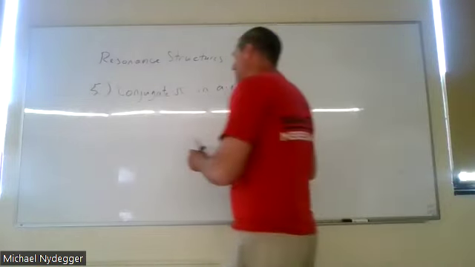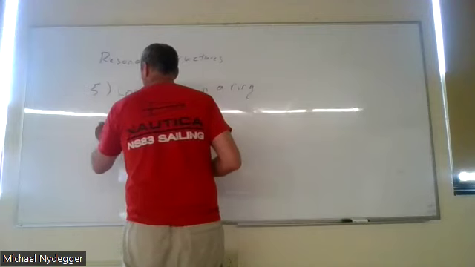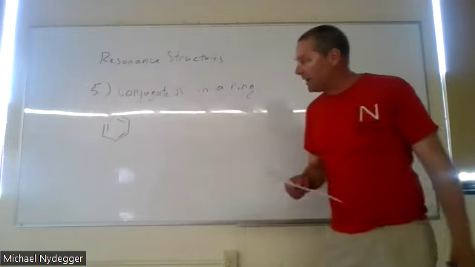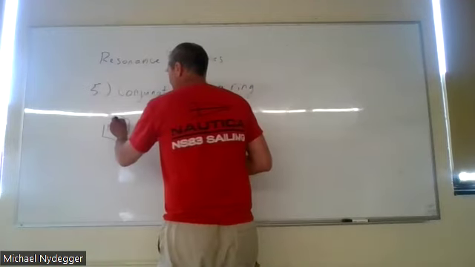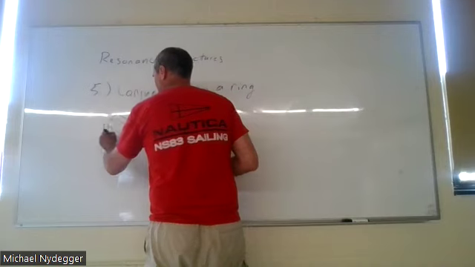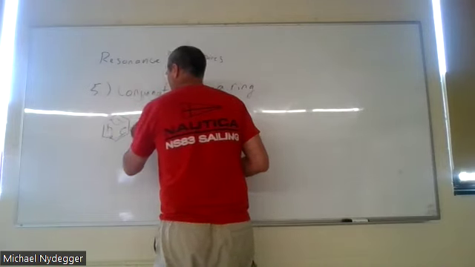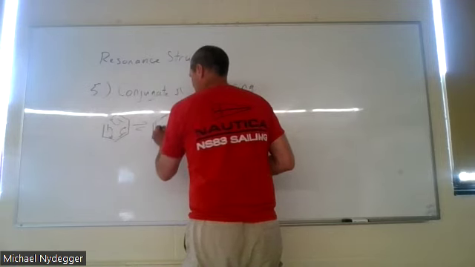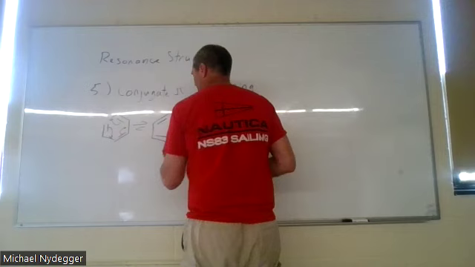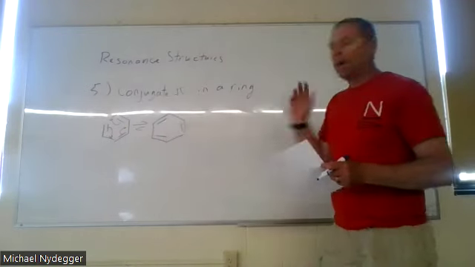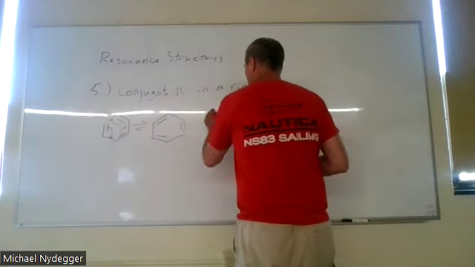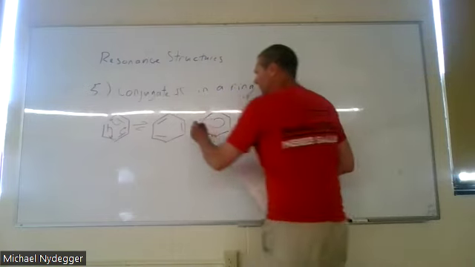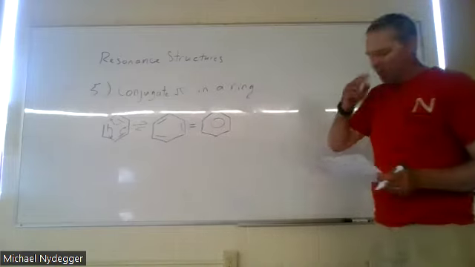So for example, if we have benzene such as that, what can happen is that can go there, that can go there, that can go there, and what you see now is a double bond there, now a double bond there. And this can actually be drawn like that. That's the same, because you have that resonance structure.